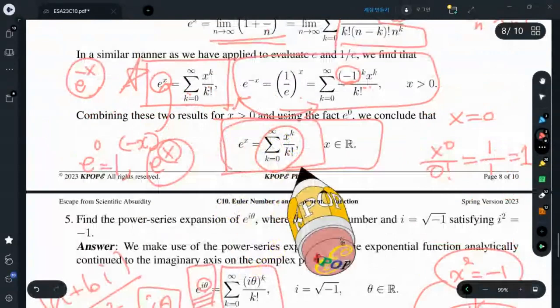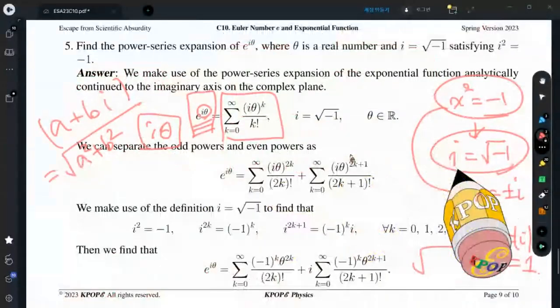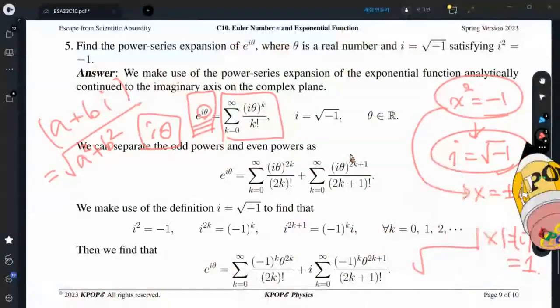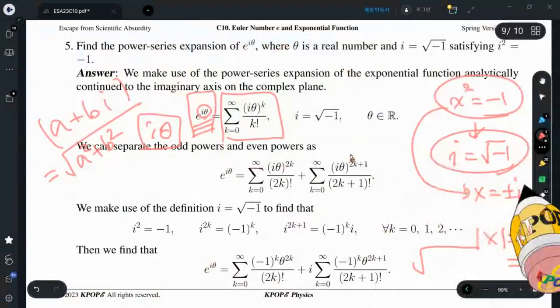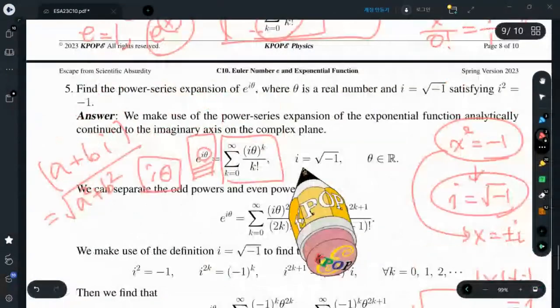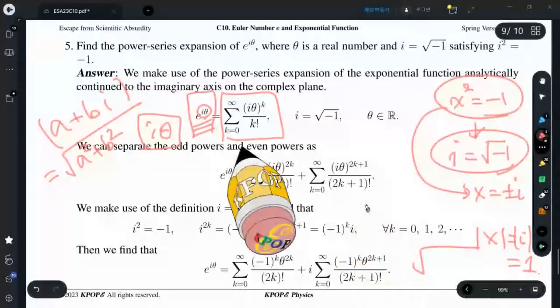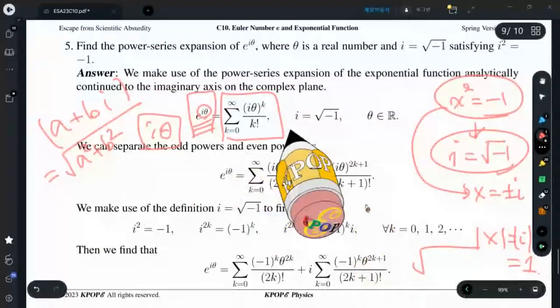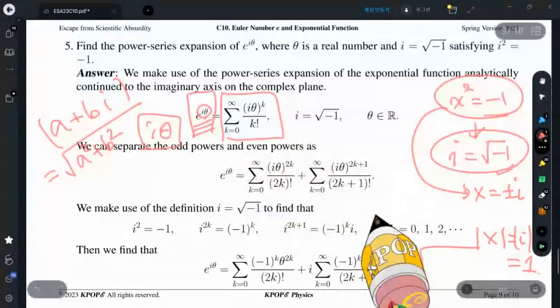In addition, the magnitude of the pure imaginary number i does not grow up to infinity. It is a finite number. Magnitude is 1. Therefore, I claim that the right-hand side still converges to a finite number. So let's see what that is.